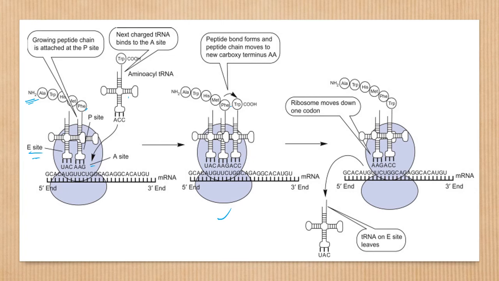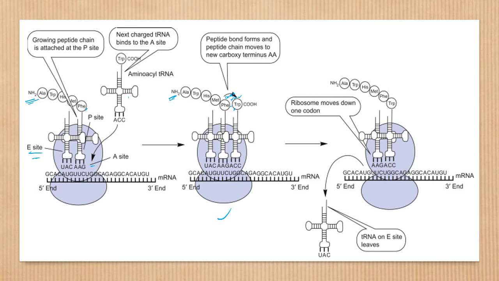So this end having the amine group, and here this A site amino acid having the amine group here, and the phenylalanine carboxyl group joined together to form a peptide bond. So then what happens after that?